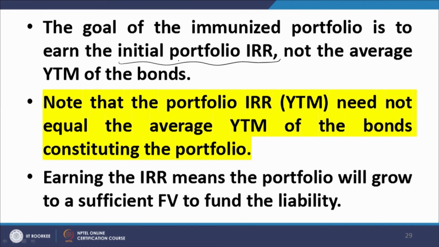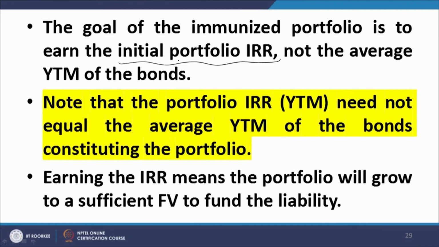I briefly touched upon this when I talked about the YTM. When you talk about the YTM of a portfolio, it is not equal to, I repeat, it is not equal to the weighted average YTM of the bonds. The YTM of the portfolio needs to be calculated on the basis of the aggregate cash flows emanating from the portfolio at the respective times, and then using those cash flows, when we equate the discounted value of those cash flows to the current market price, whatever is the discount rate, that will be the YTM of the portfolio.